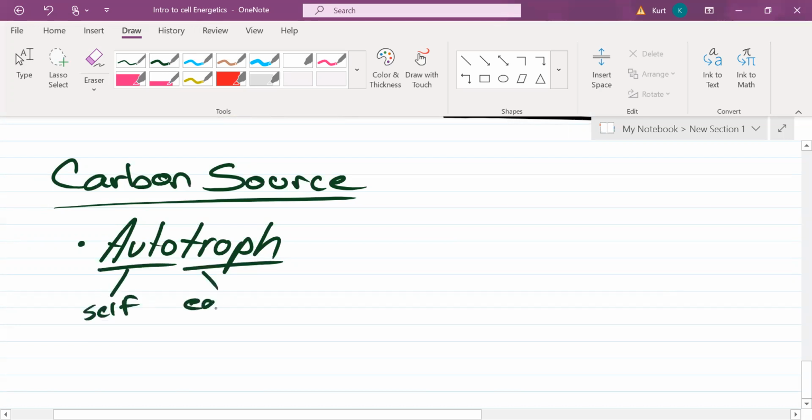Troph means eating. You're not eating yourself. I know that's a very crude translation. It actually means you're eating your own food. You're making your own food and your body's using it.